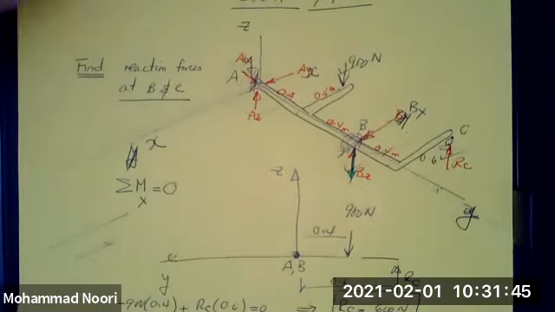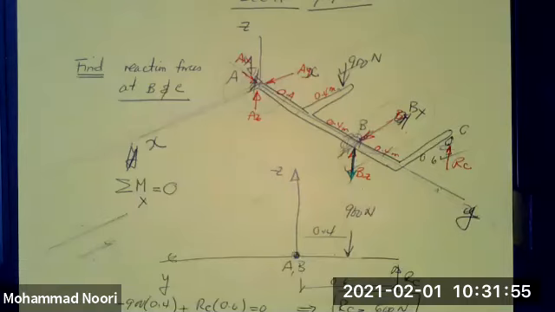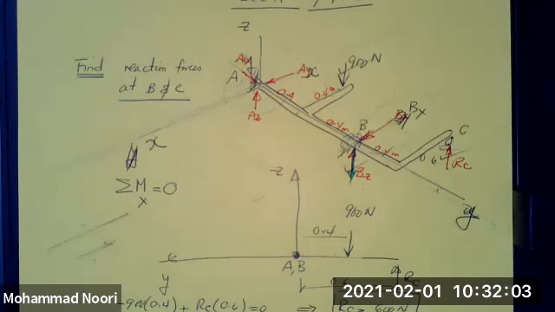Okay. So our strategy would be to look at the summation of moments about an axis or one point, see if it covers everything, and then choose a different one. Exactly. See if you can find a summation of moments that helps you get rid of as many unknowns as possible. That is the strategy.